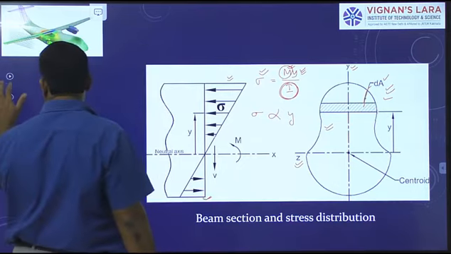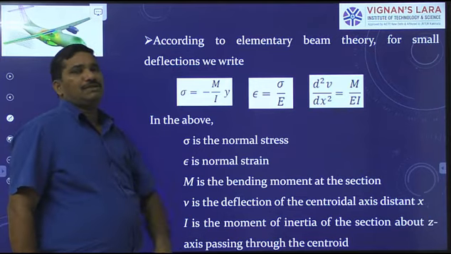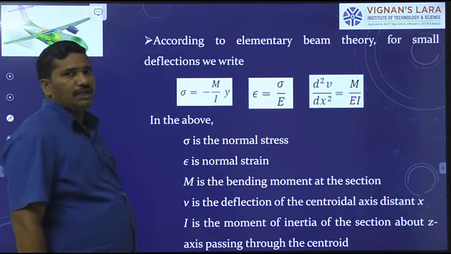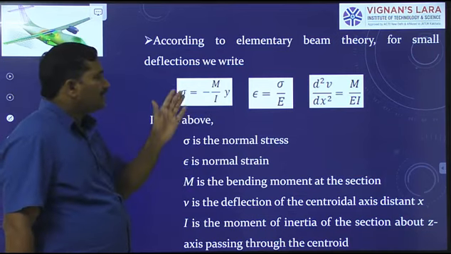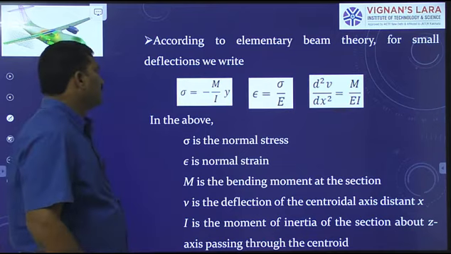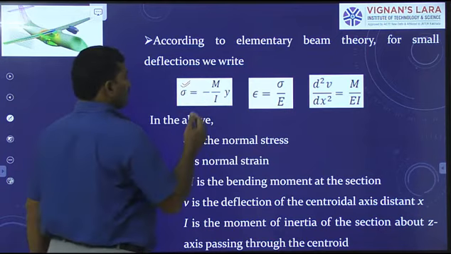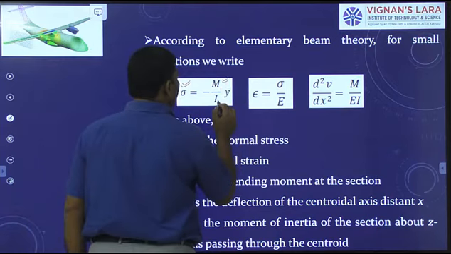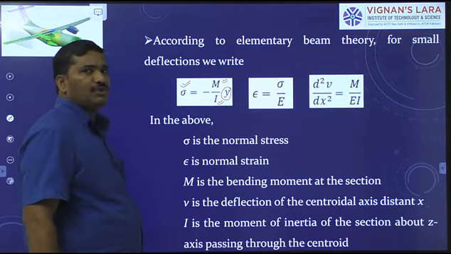Now if you go back and collect the relations: sigma equals My by I, epsilon equals sigma by E, and d square v by dx square equals M by EI. Sigma is the normal stress or the flexural stress. M is the bending moment acting on the section, and I is the moment of inertia. y is the distance of the element from the neutral axis.